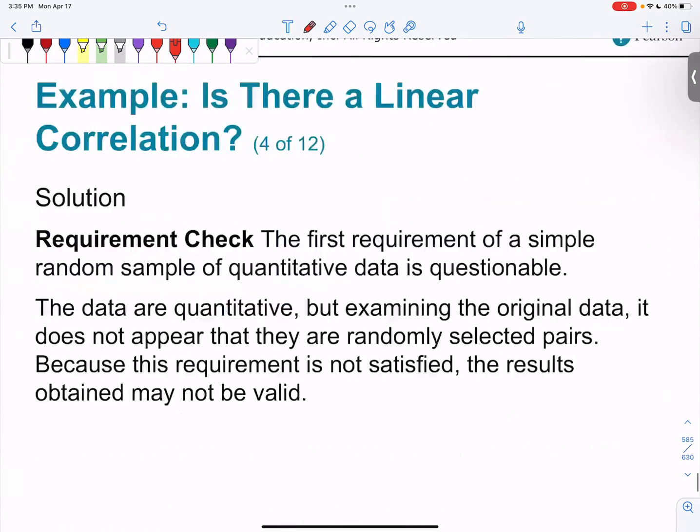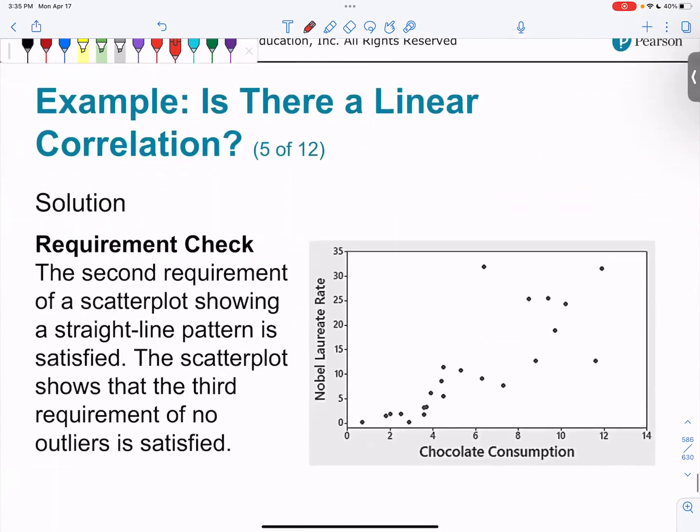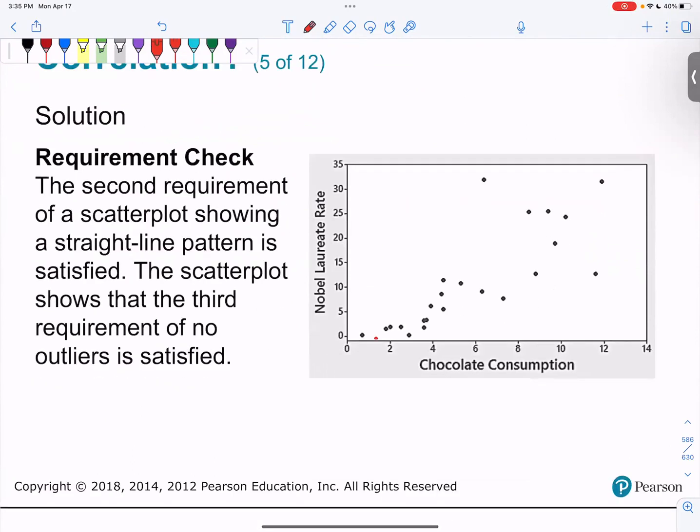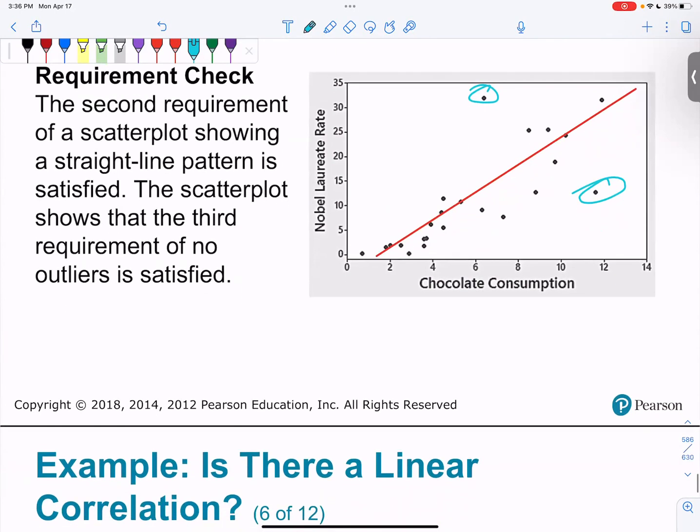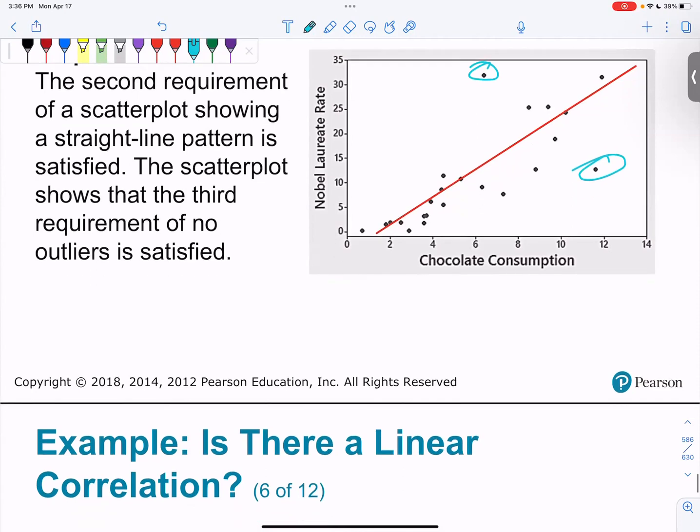So this is the data, and this is the scatter plot. Okay, somehow we still have some values that are far, but the rest of the data set is very close to the straight line, right?